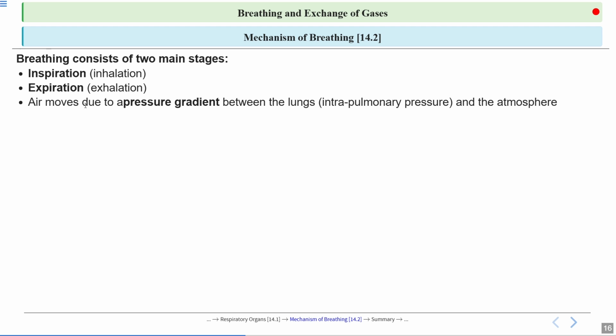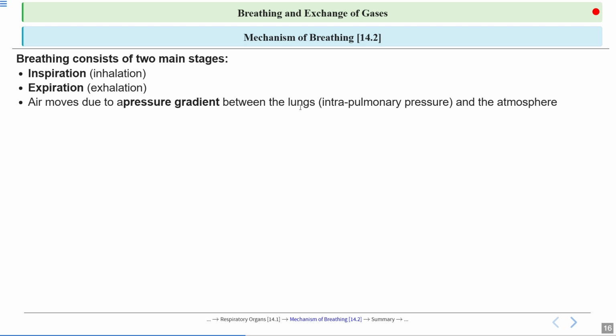Now, air moves due to a pressure gradient between the lungs and the atmosphere. So, how is the movement of air occurring here? How are you inhaling the air? So, this movement of the air is due to development of a pressure gradient, and this pressure gradient is developed between the lungs and the atmosphere.